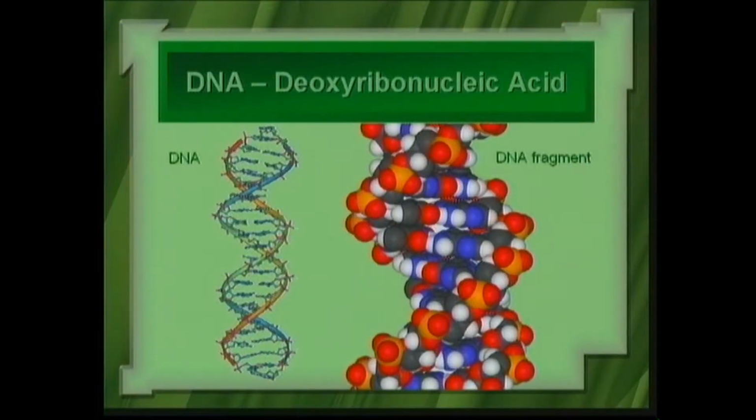For one thing, the genetic material is called DNA. If you remember, our DNA as well as plants' DNA is located in the nucleus of our cells, plants and animals both.